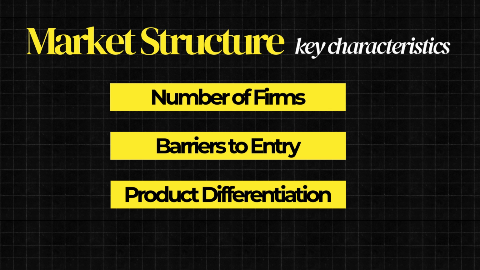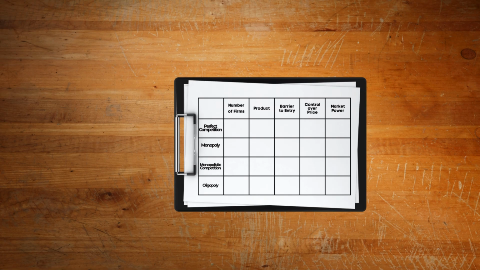However, as we will learn later, it is not always possible to differentiate your product, resulting in less market power. Okay, so now that we know the characteristics, we can then use them to classify the 4 market structures.